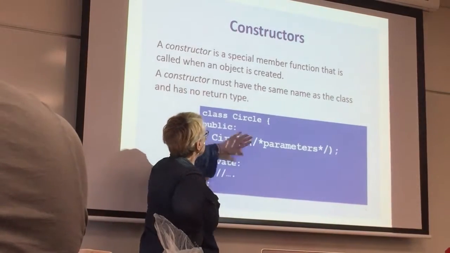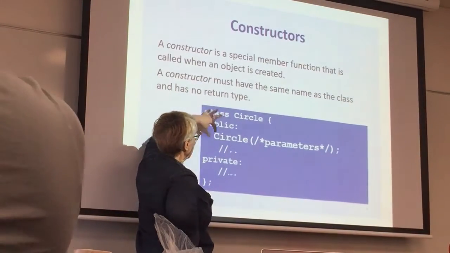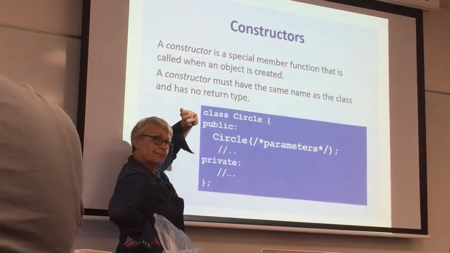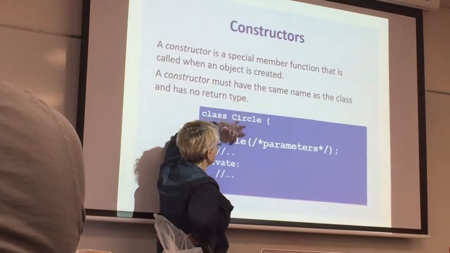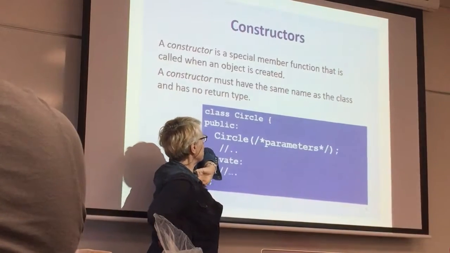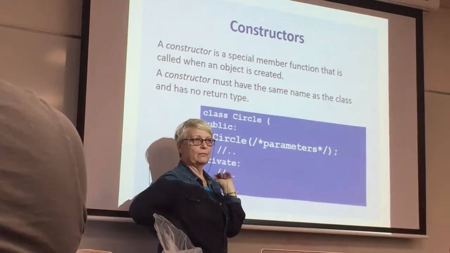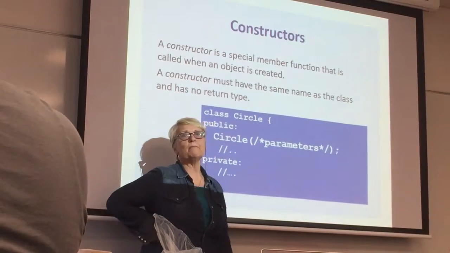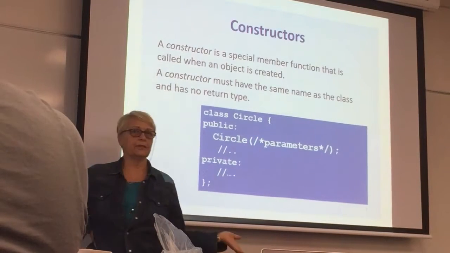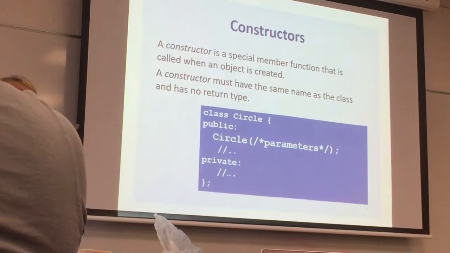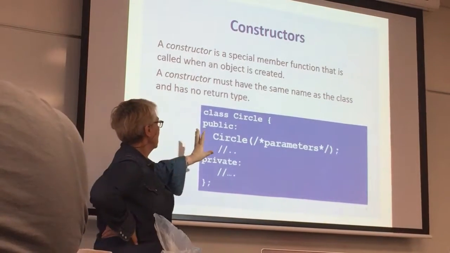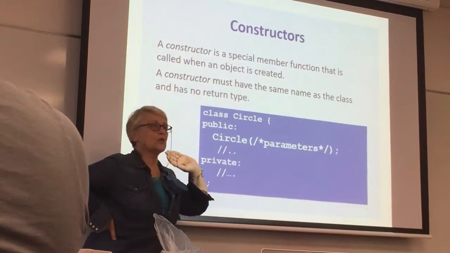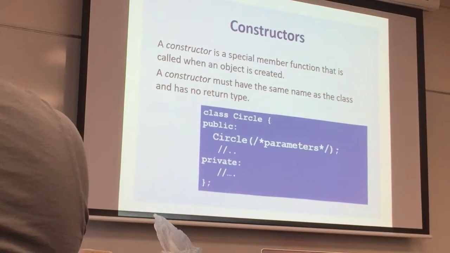Notice, this is a constructor for our circle class. There is no return value. It has exactly the same name as the class itself. It can take parameters or no parameters. So it's a specific type of function. Normally, every function returns values, but not constructors, be aware.